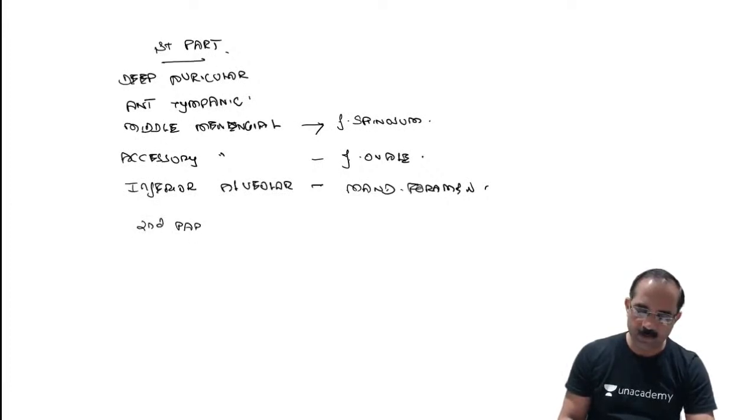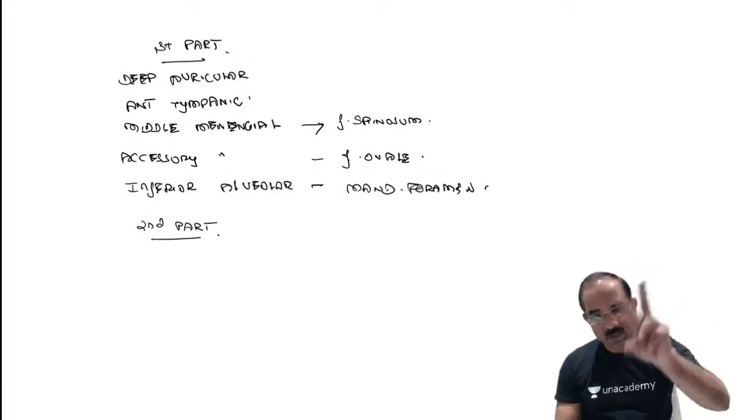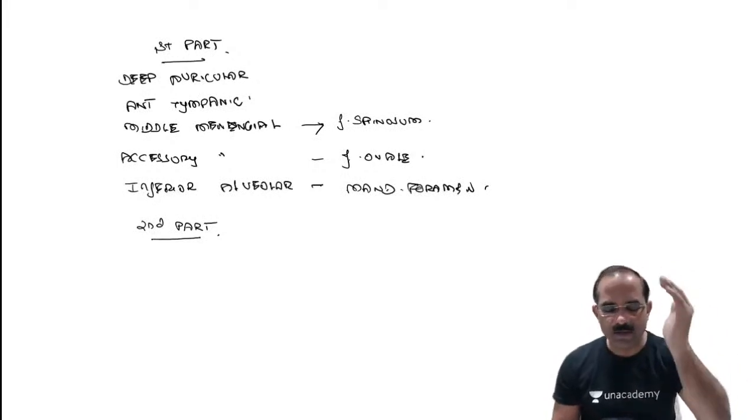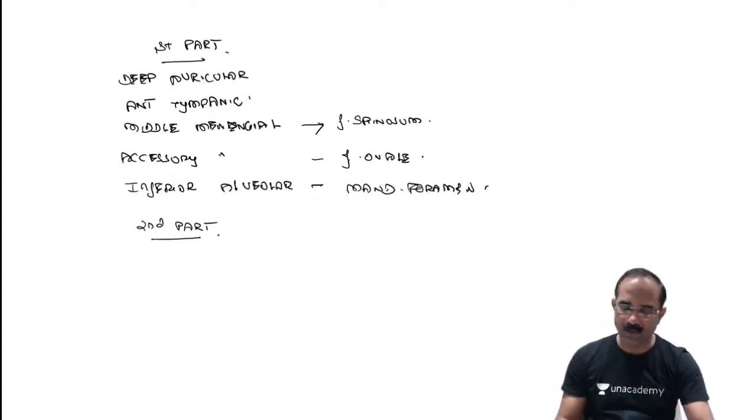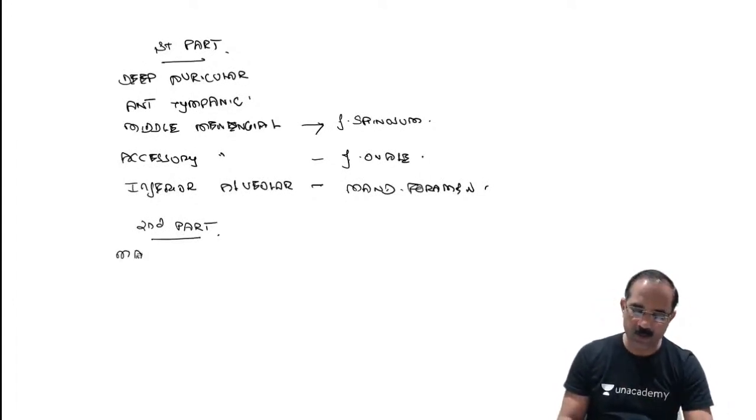The second part of maxillary artery corresponds to the anterior division of mandibular nerve. बस ये याद रखना. So branches of second part of maxillary artery, they correspond to the anterior division of mandibular nerve. So what are the arteries? Masseteric artery, deep temporal artery.